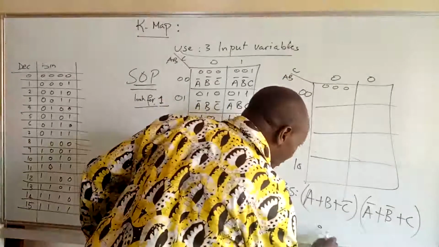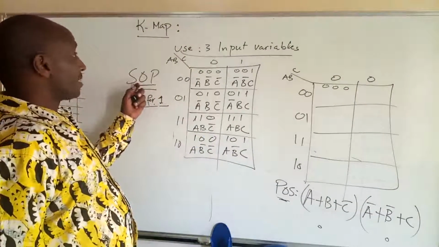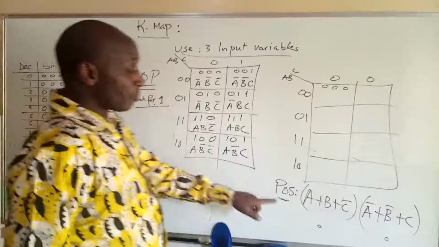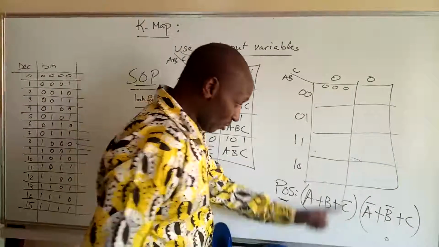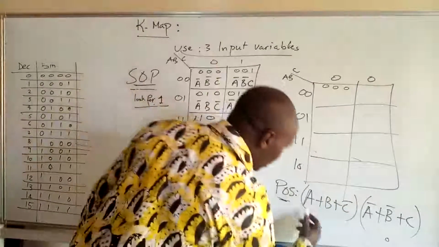So we look for a 0. Why? For a product of sums. For sum of products, we are looking for a 1, but for a product of sums, we are looking for a 0. Now, what are the values here to get a 0?